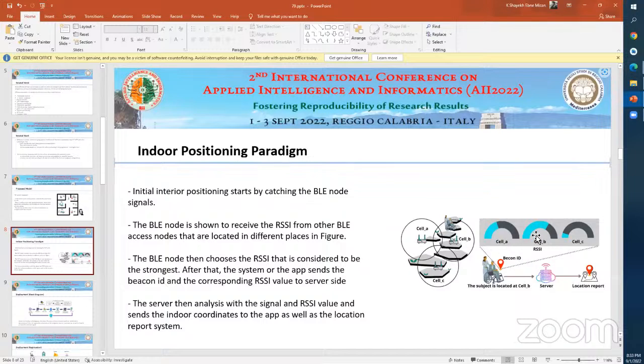Here, cell B is the strongest. After that, the app sends the beacon ID and the corresponding RSSI value to the server side, or the decision-making side. The server then analyzes the signal and the RSSI value and sends the indoor coordinates to the app, as well as the location to the reporting system. It also helps with the routing.